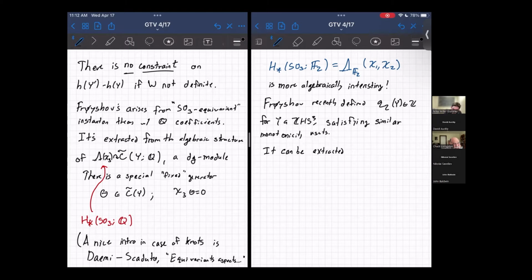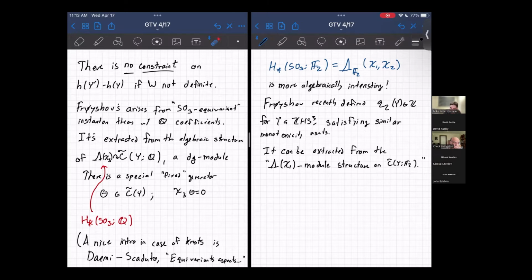And if the h invariant comes from the chi3 equivariant homology of this complex, or this complex is a chi3 module in some sense, then this invariant q2 over here can be extracted from what I'm going to call the chi1 module structure over this complex with F2 coefficients.